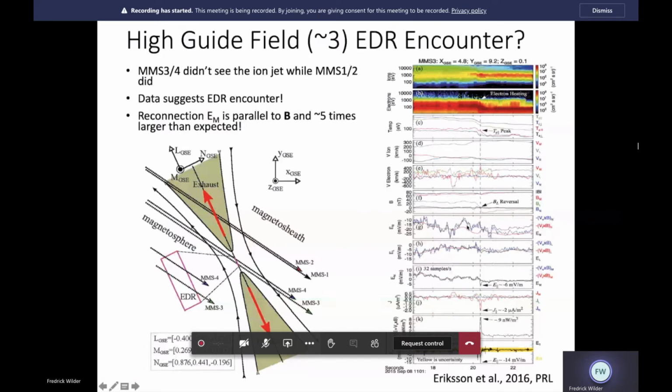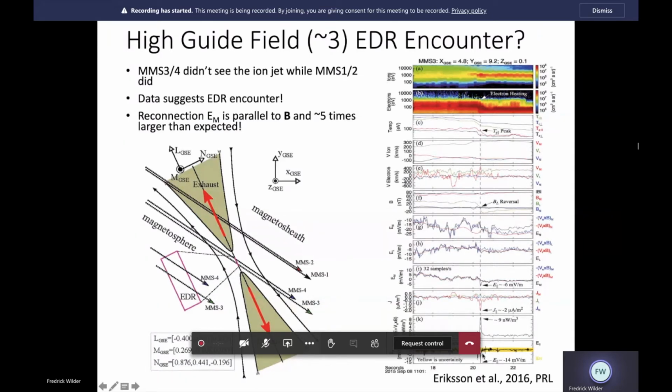But what I do want to point out is that we see many of the same signatures as the anti-parallel. Here we have the BL in green, that's that reconnecting component, and you can see it reversing. But you can see there's a very large background magnetic field when that BL reverses. And we see the very large current. We see the parallel heating of the electrons.